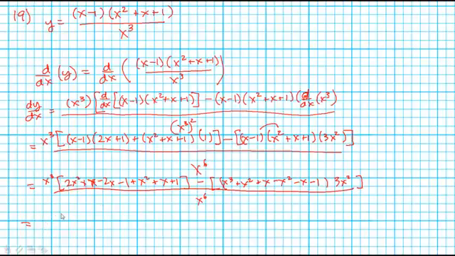Okay, let's see what we can do here. X cubed times, let's collect all the x squared terms. X squared, 3x squared from here and here. We've got a plus x, plus a plus x, a minus 2x, and another plus x. So I've got two x's and two negative x's. Those cancel out.